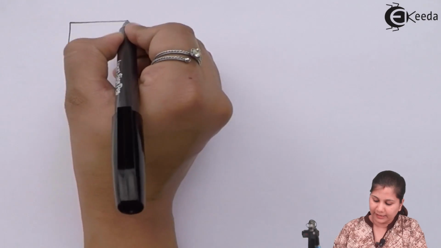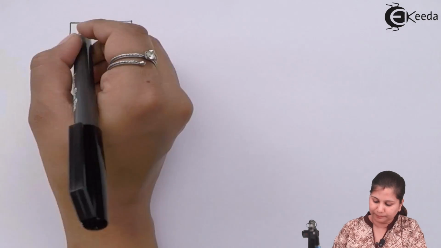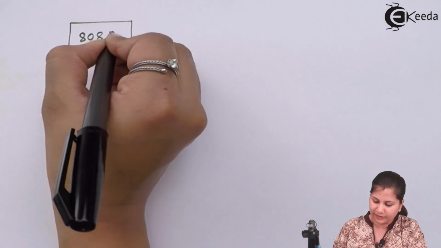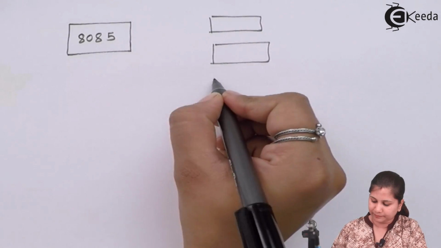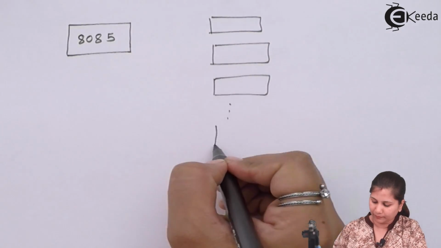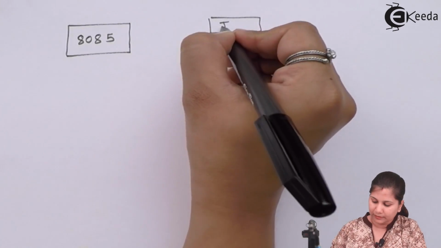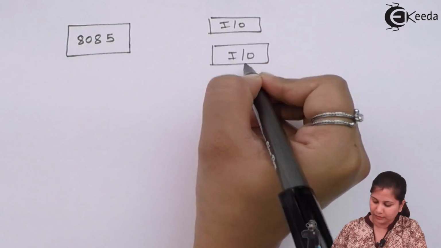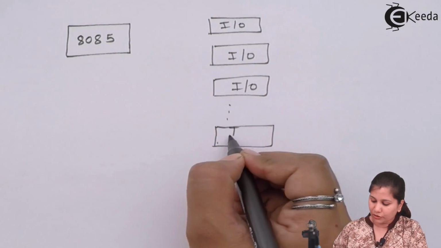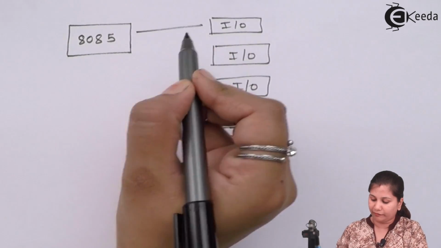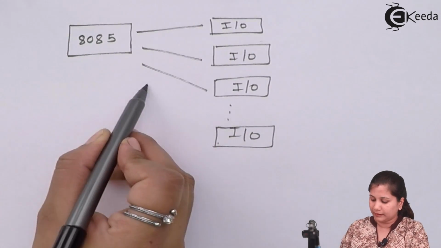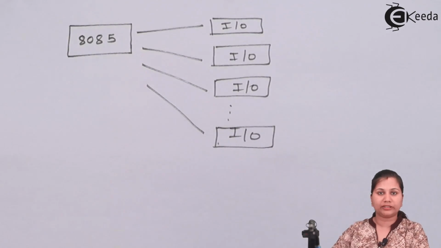So if I say here that this is the microprocessor, suppose 8085, and there are several input output devices. Now each of these input output devices wants to communicate with the 8085. They want to transfer the data.